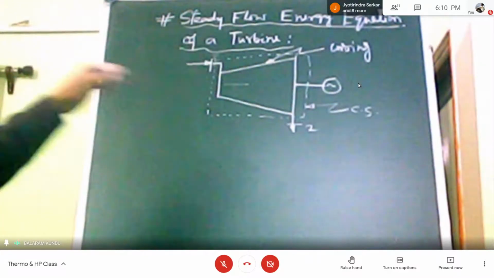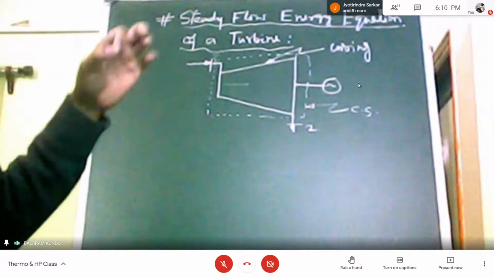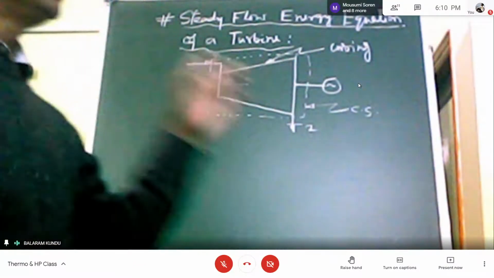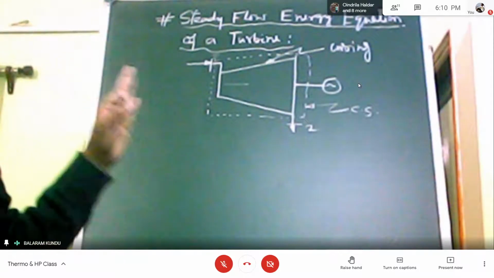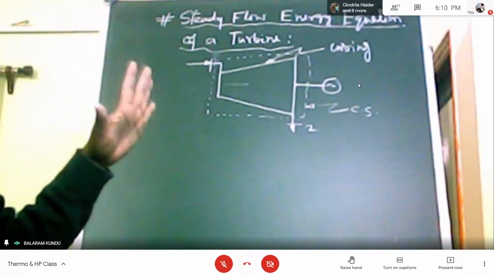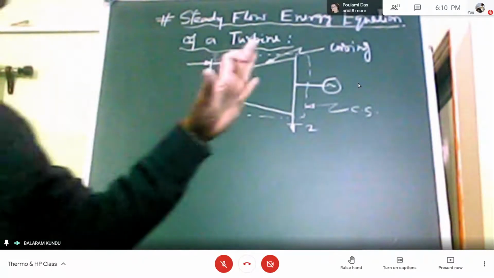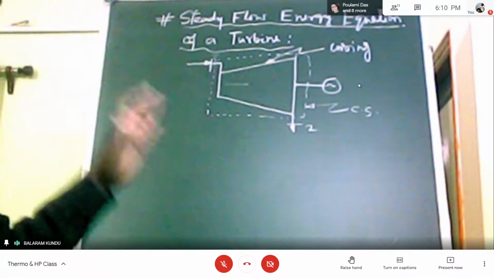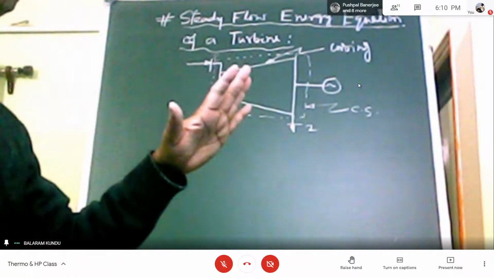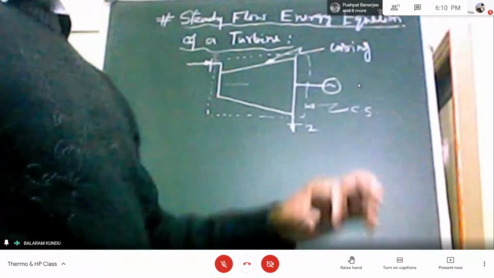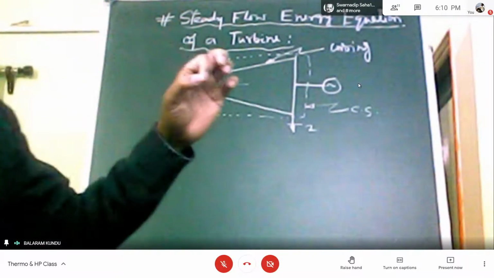When steam flows through the moving blades, what will happen? A change of momentum takes place. As a result, a torque will develop on the rotor or on the blades. As blades are attached to the rotor, and the rotor is mounted on the shaft, the shaft will rotate.